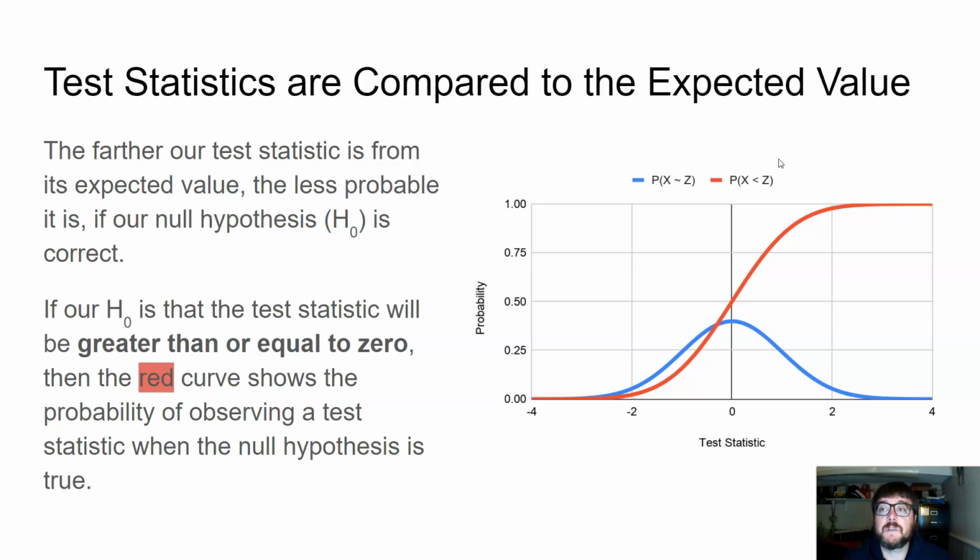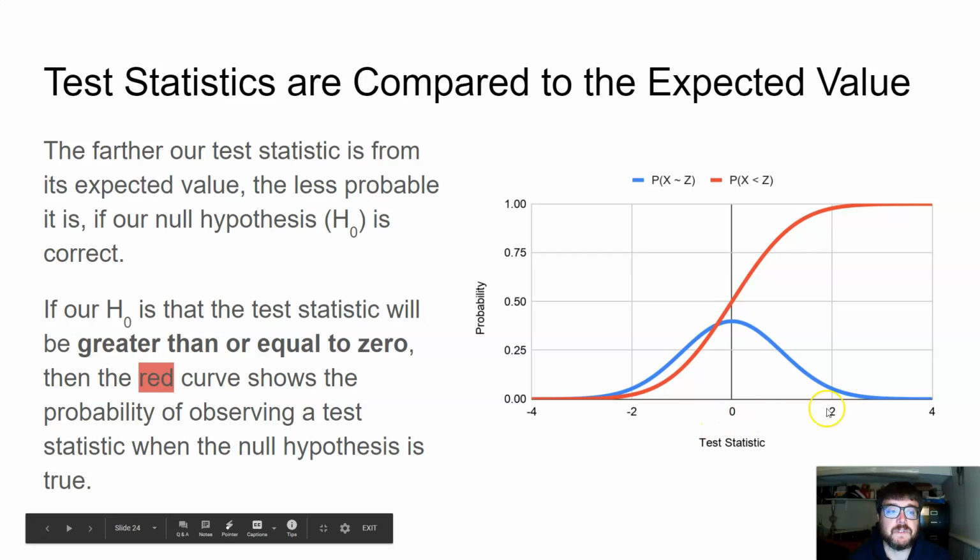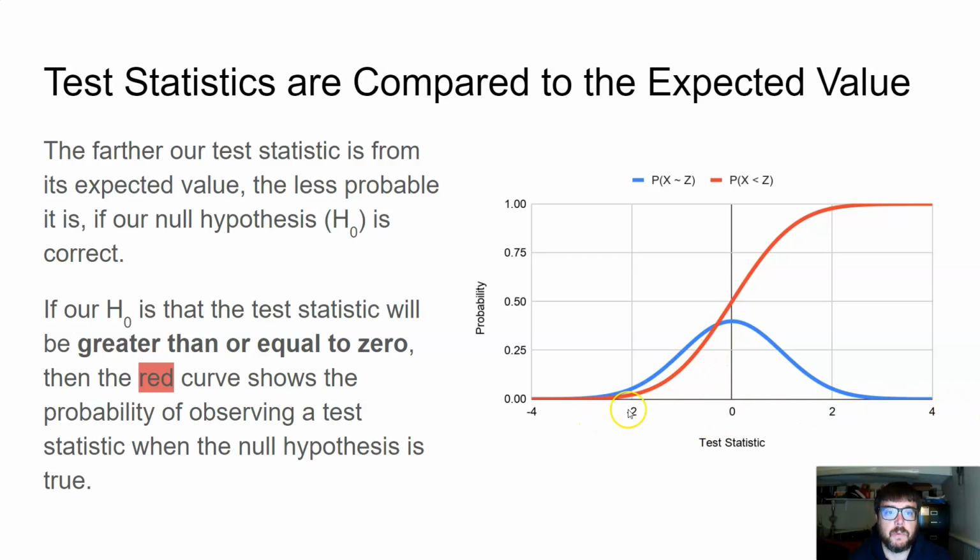So what we do is we compare our test statistic to the expected value. And the farther our test statistic is from the expected value, the less probable it is if our null hypothesis is correct. So say our null hypothesis is that the test statistic will be greater than or equal to 0, so then maybe this is the negative slope where we expect lower tomato meter readings for more Jedi.